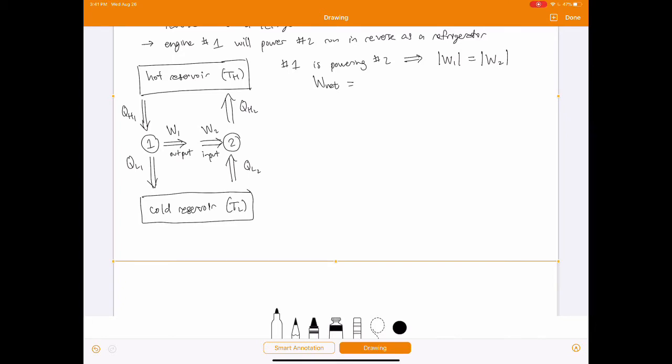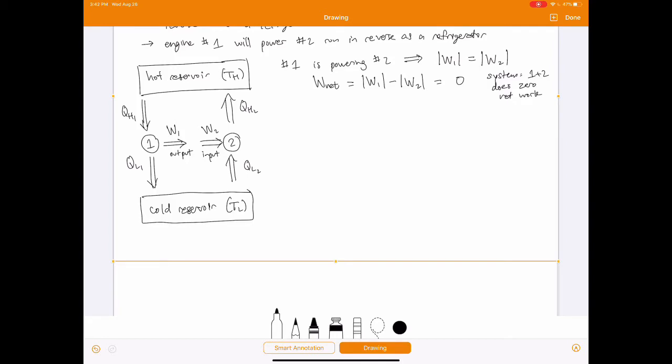Well, that's just going to be W1 is positive, okay, because the gas of the engine of number 1 is doing positive work. W2 is going to be negative. And since they have the same size, there's 0 overall work being done, okay? So the system, in other words, which is 1 and 2 together, does 0 net work.